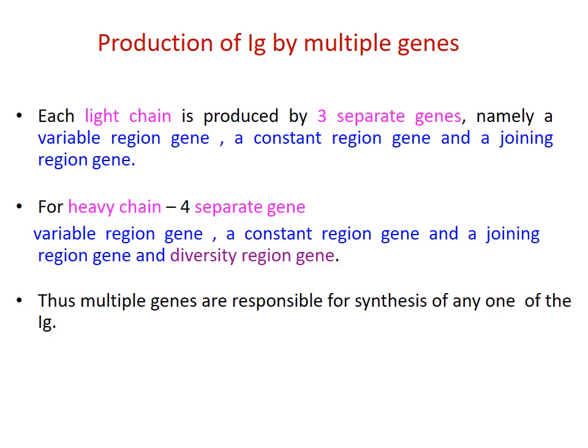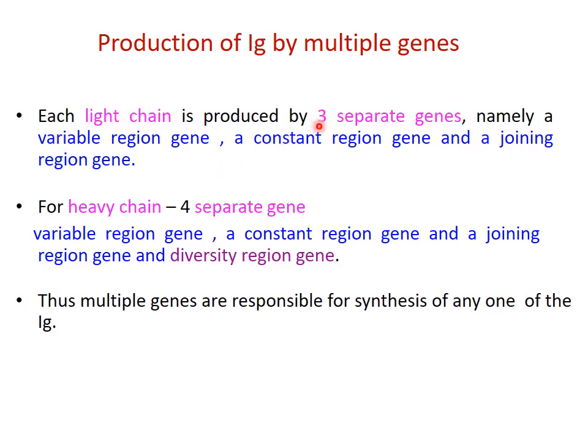Now, immunoglobulin can be produced by multiple genes. It has been observed that the light chain is produced by 3 separate genes: the variable region gene, constant region gene, and joining region gene. So V gene, C gene and J gene.